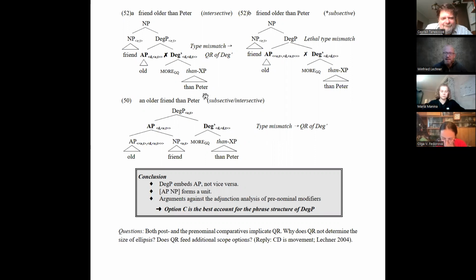And it leaves us with the structure that I have been calling option C as the best available one for parsing at least more complex structures like attributive comparatives, which means that the AP and the NP form a unit in the specifier of a degree head, and the more and the than phrase form a unit that can be manipulated on its own.